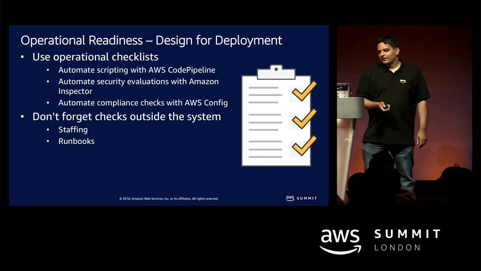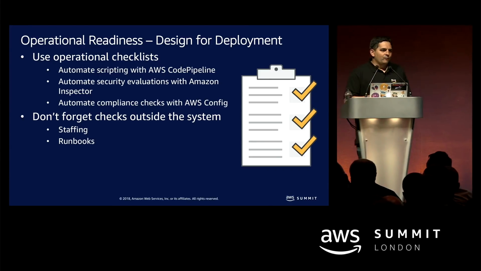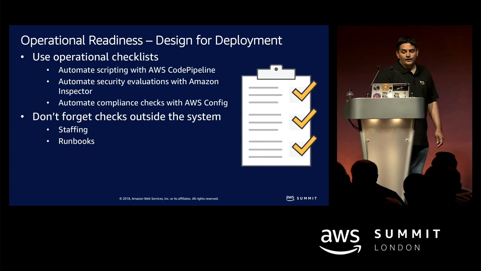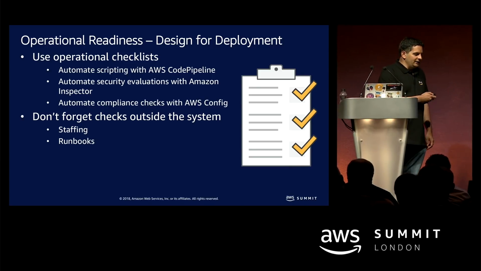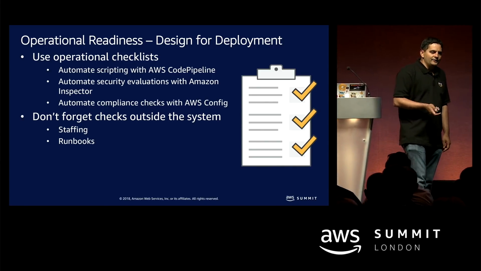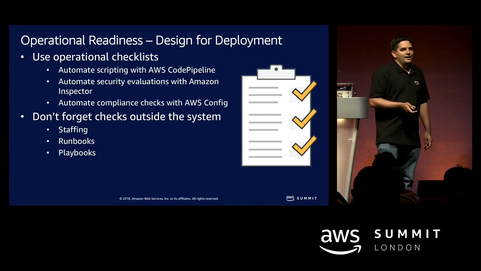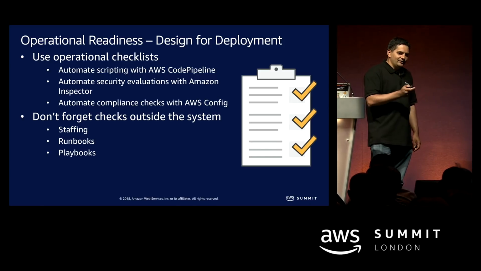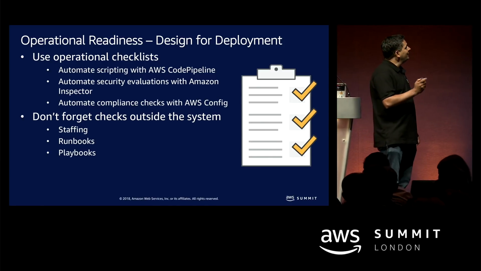So, runbooks. Do you have well-defined procedures for well-known scenarios? And these could be manual or automated. Ideally, you want them automated. There's nothing wrong with having them manual at first and then trying to automate them. And playbooks. Do you have well-designed procedures for unknown events? Equally important.